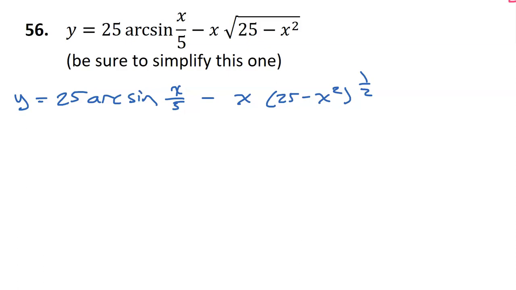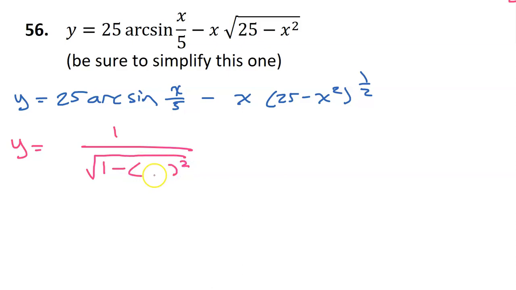Now let's do the derivative. y equals. I'm going to ignore the 25 for a second. We have learned that the derivative of arcsin is 1 over the square root of 1 minus x squared.